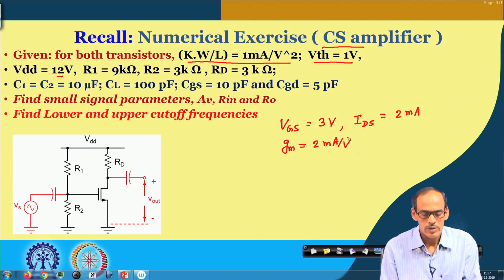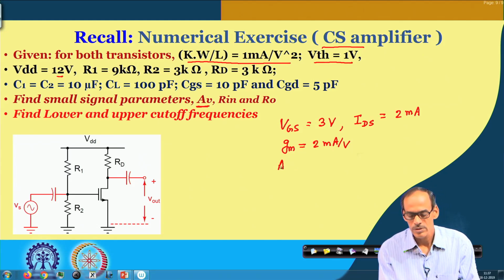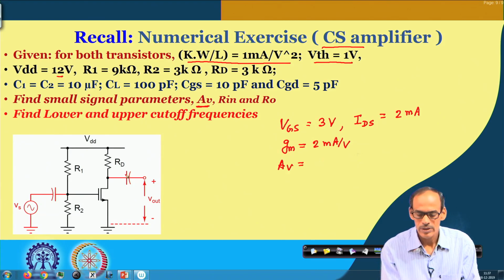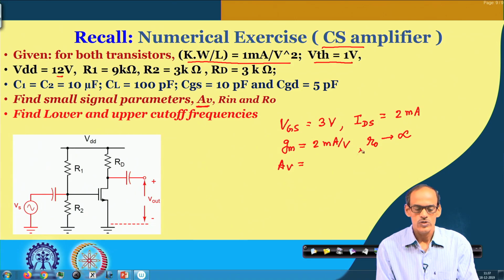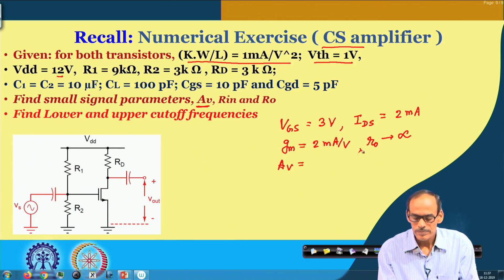So, the corresponding voltage gain was gm into output resistance, and you may ignore the r0, or rather r0 we may consider very high, assuming lambda is very small.